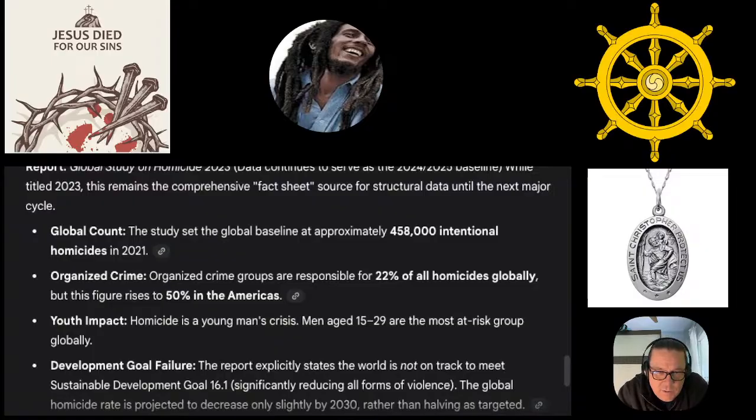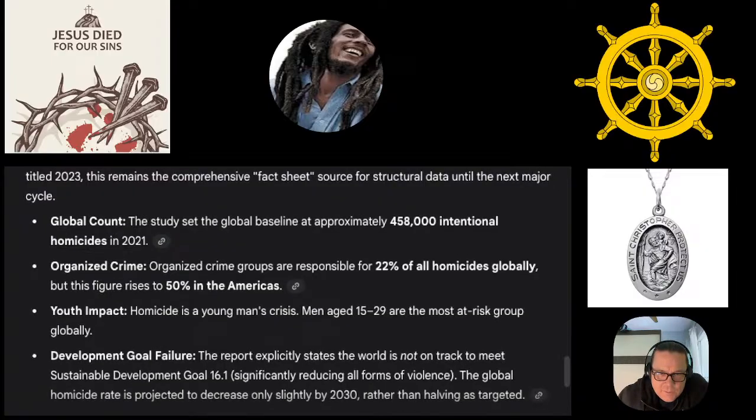All right, so then we move on to development goal failure. This report explicitly states the world is not on track to meet sustainable development goal 16.1, significantly reducing all forms of violence.